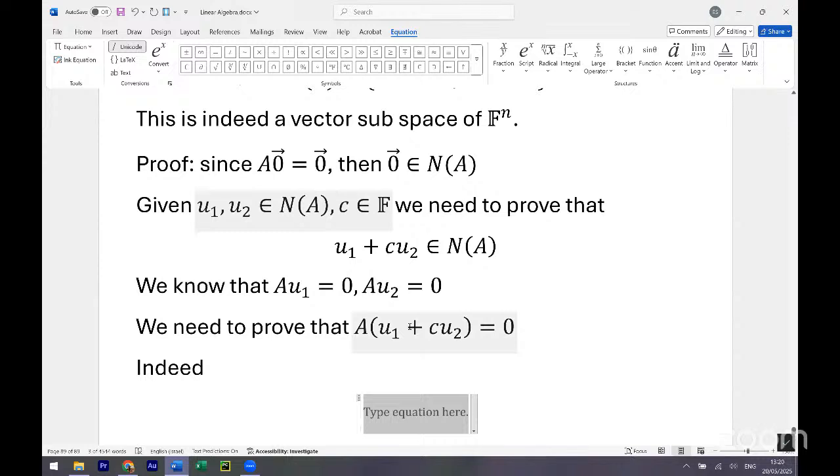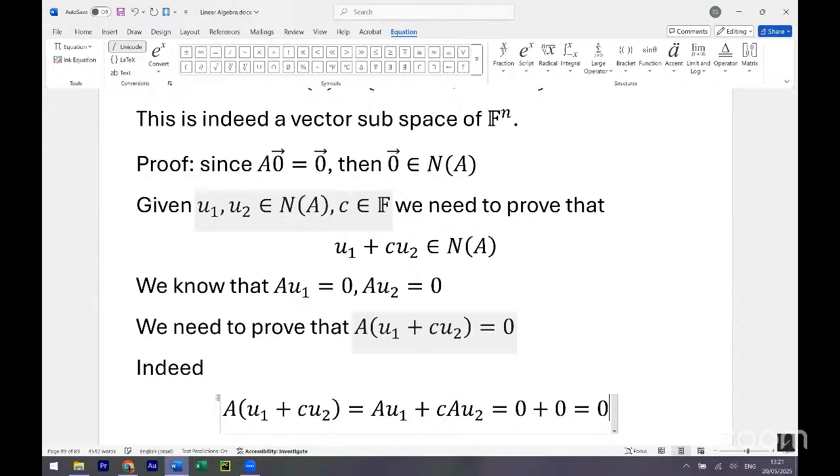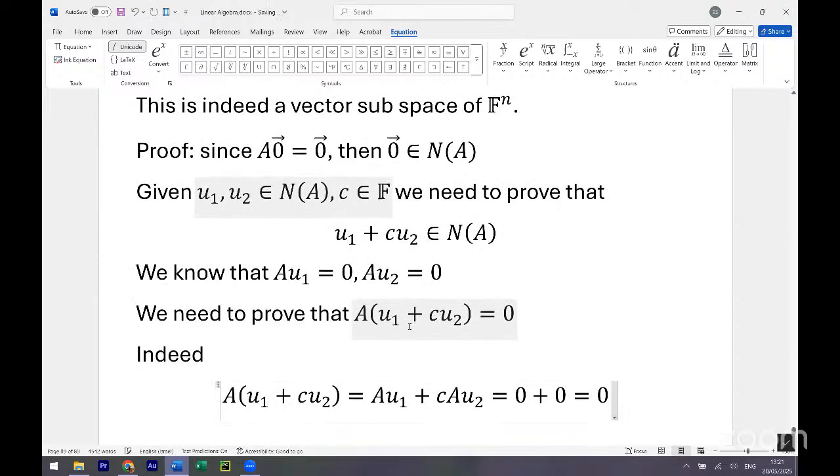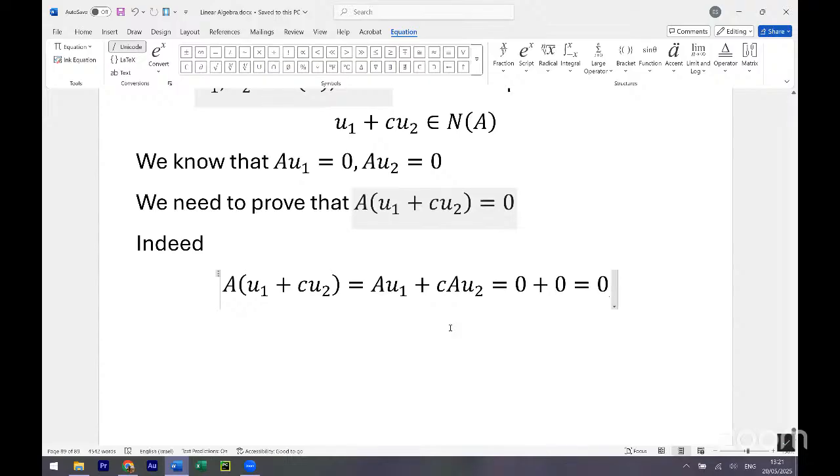Because we learned about algebra of matrices. A times U1 plus C U2 equals A U1 plus C A U2, which is 0 plus 0, which is 0. Okay. Any questions so far? Okay.